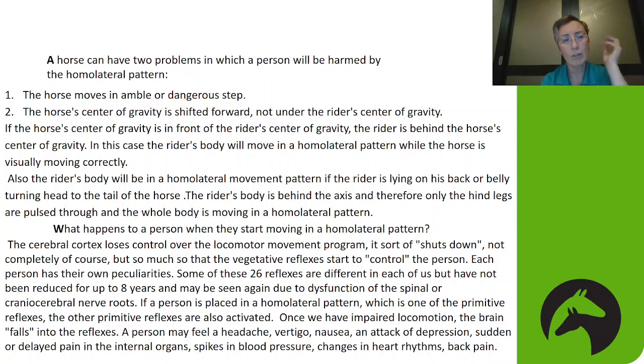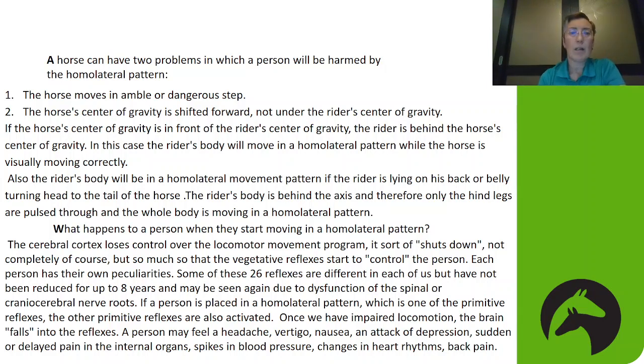Second, the horse's center of gravity is shifted forward, not under the rider's center of gravity. If the horse's center of gravity is in front of the rider's center of gravity, the rider is behind the horse's center of gravity. So these centers are not on one axis.